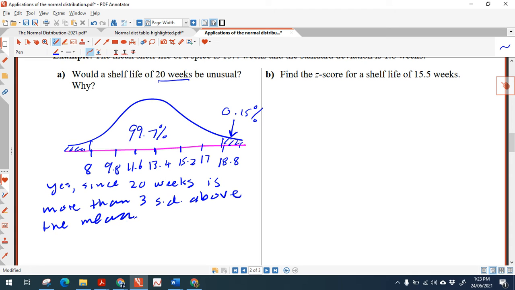And we could say, adding on to that, that only 0.15% of the data lies above 3 standard deviations from the mean.